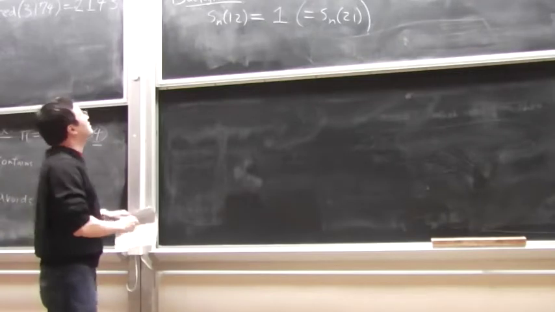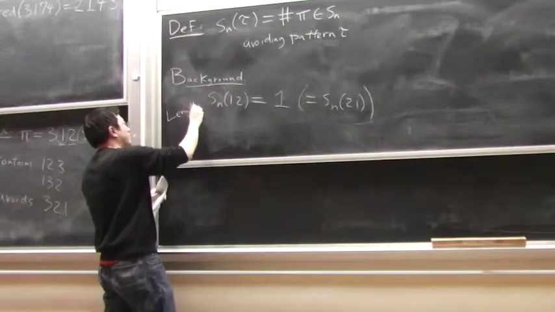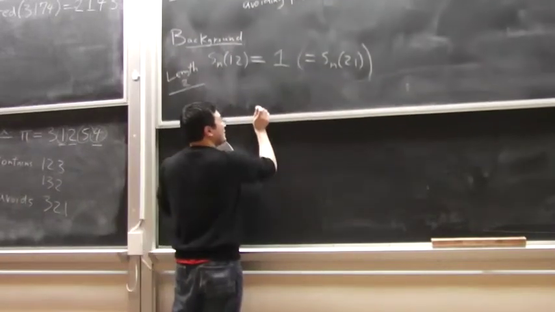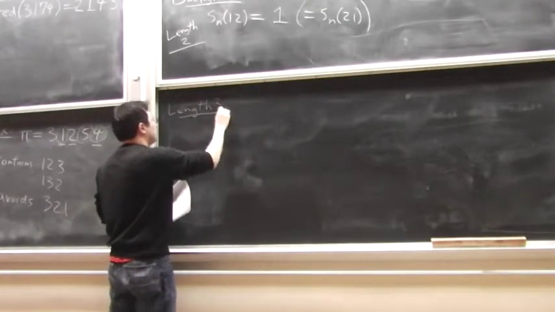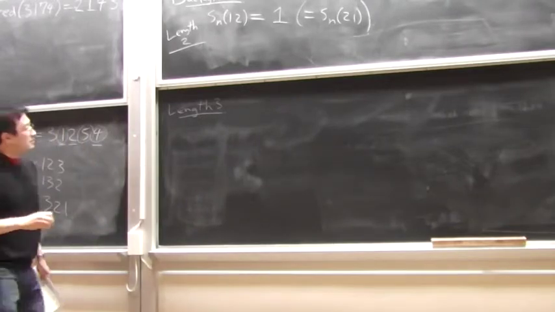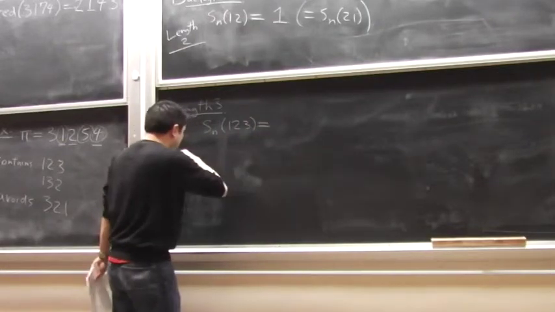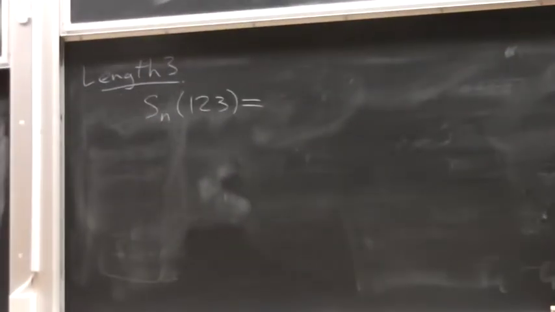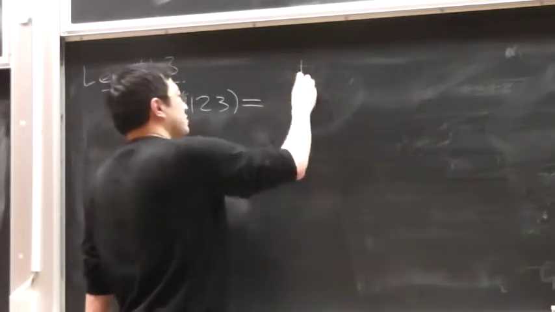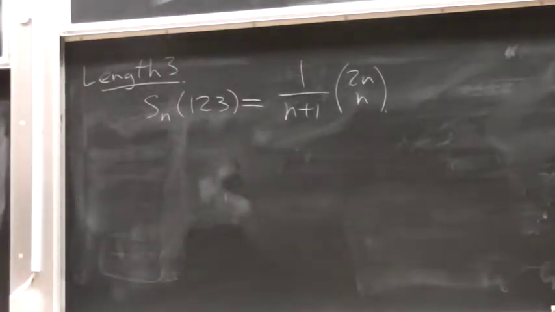Starts to get a little bit more interesting. These are all my length 2 patterns. So length 3 patterns. This is fairly well known. The number of permutations avoiding a 1, 2, 3 pattern is actually given by the Catalan numbers, one of the many things counted by the Catalan numbers.